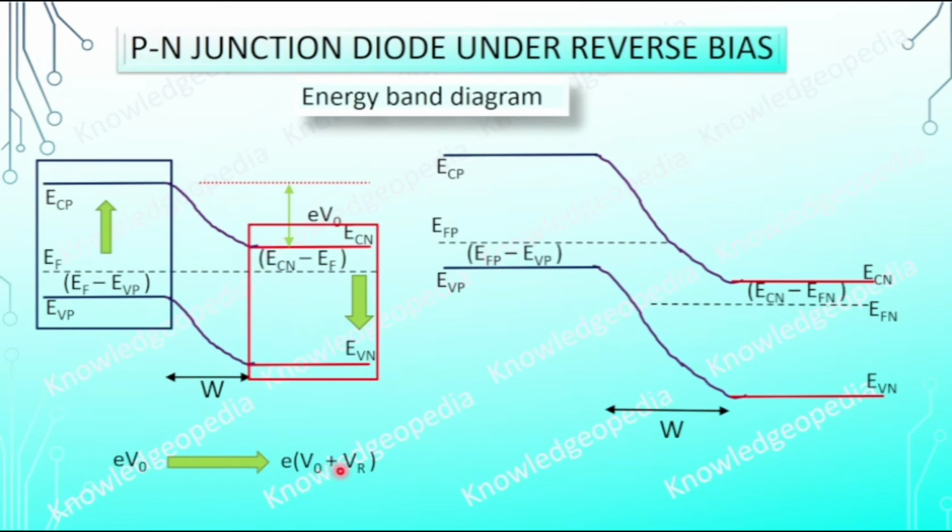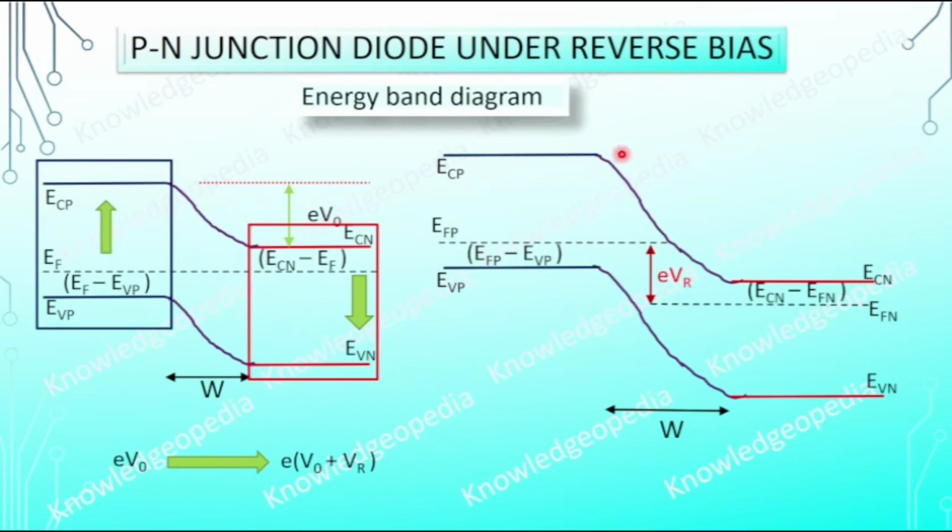So the relative displacement is equal to eVR. And relative displacement we can find from here, because earlier the Fermi level was aligned. Now these are separated by an energy equal to eVR. So the energy separation between the Fermi levels on P side and N side is equal to eVR.